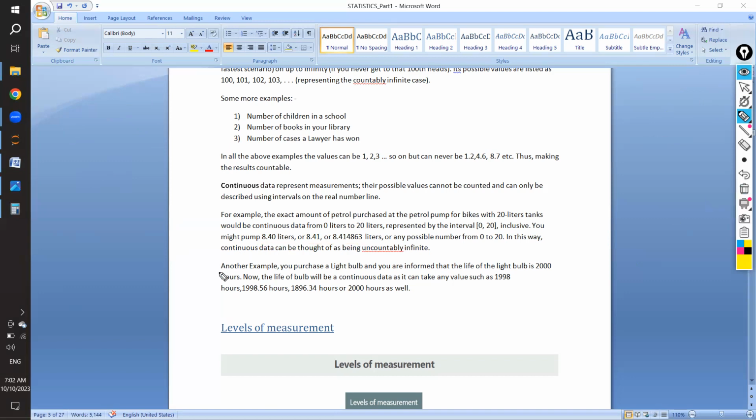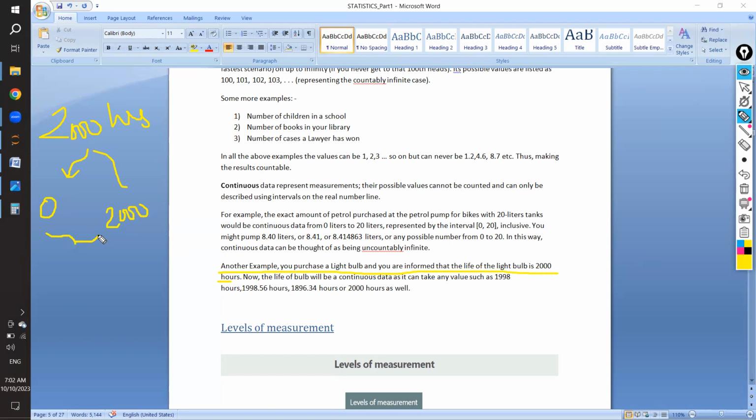Another example: you purchase a light bulb and the shopkeeper tells you it will burn for a maximum of 2000 hours. That is its lifetime as per design, but it's not guaranteed. It can break in between also. So what all values can the bulb take? 0, if it fails the moment you fix it in your house, or a maximum of 2000. But can you tell all possible outcomes?